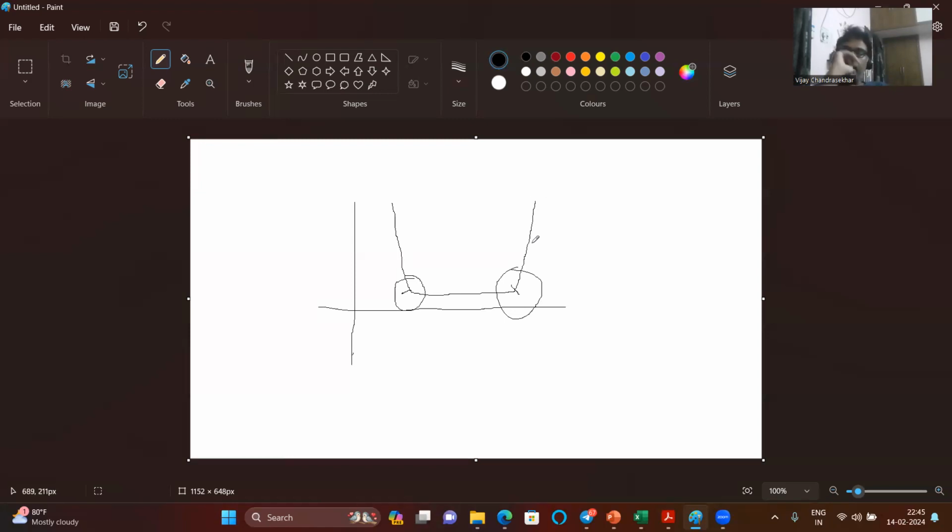So mathematically, how do we say that a particular graph or a function is curved? How do you say that mathematically? Is it that the second order derivative should be equal to 0?